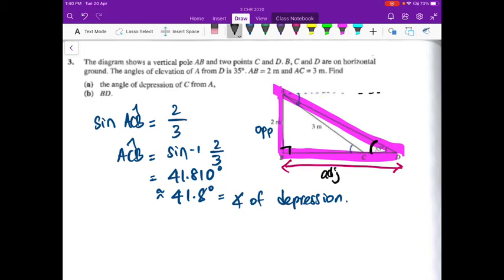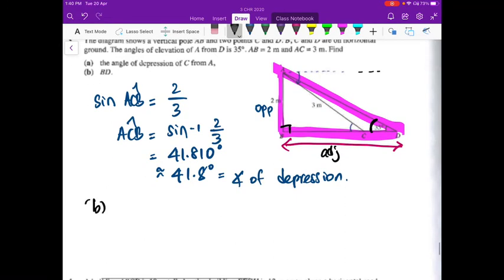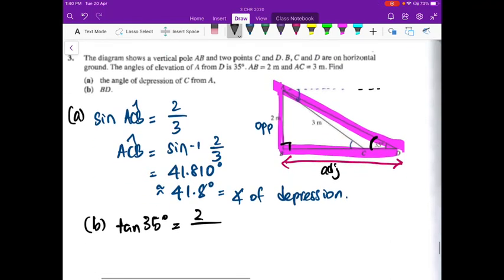This is our 35 degrees. So part B, sine 35 degrees will be our opposite again 2. Alright, what am I doing? Tangent. Tangent. Opposite over our adjacent. So the adjacent is BD.